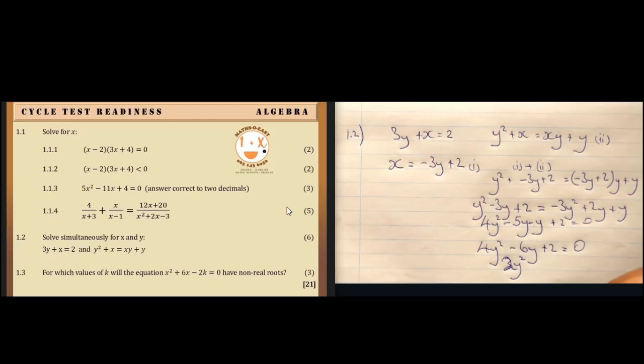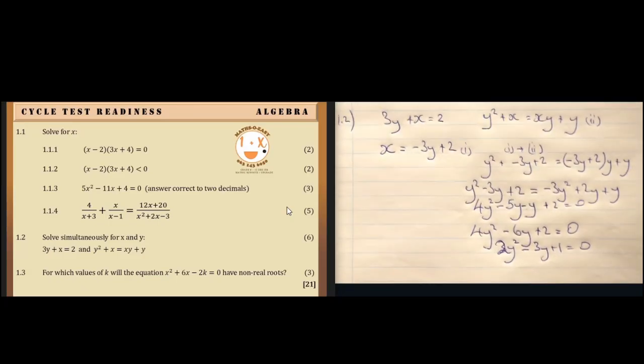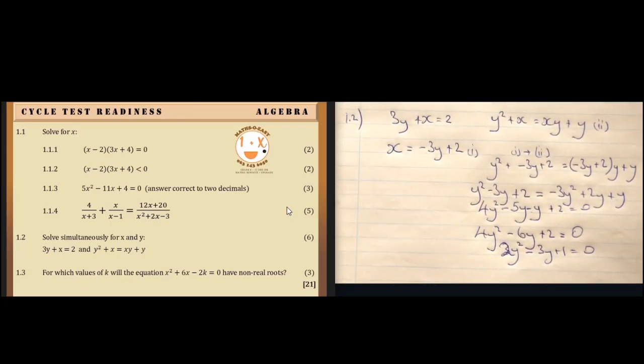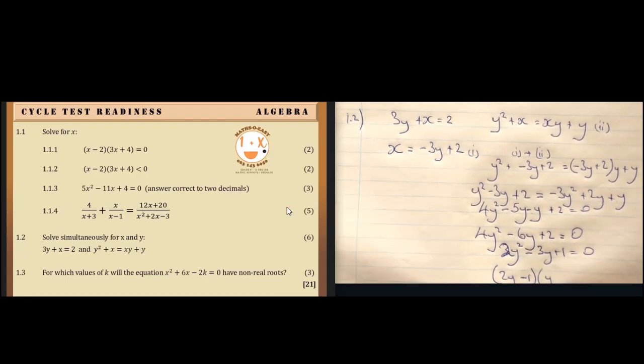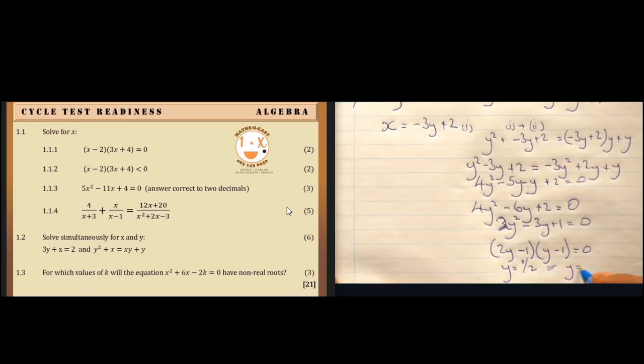So it's supposed to say 2y squared minus 3y plus 1 is equal to 0. Why is it doing like this? Okay, it's a plus. Yeah, no, I see what it is doing. I'm going to have a 2y there and a negative 1. I'm going to have a y and a negative 1. These examiners were smart. Okay, so my y will be a half or my y will be a 1.